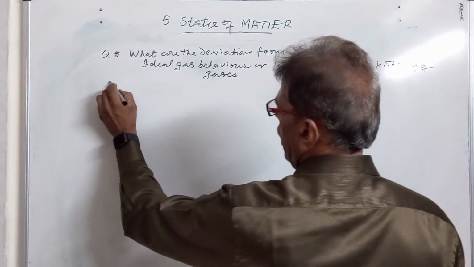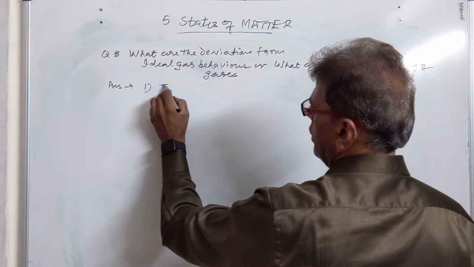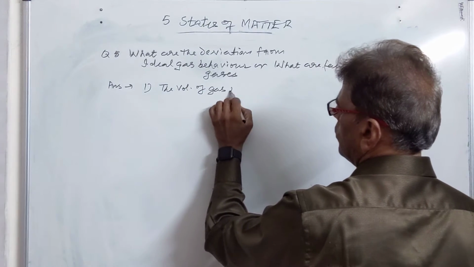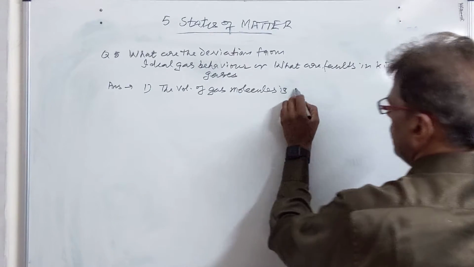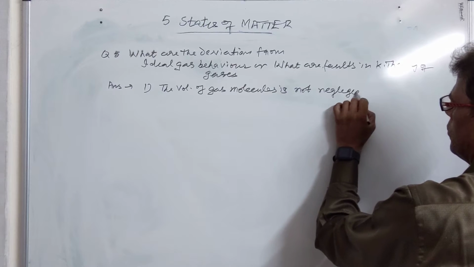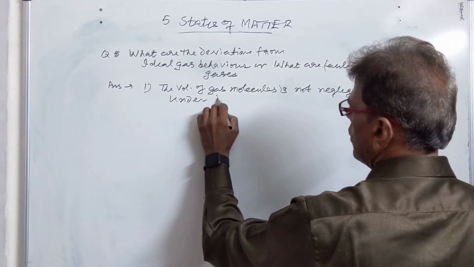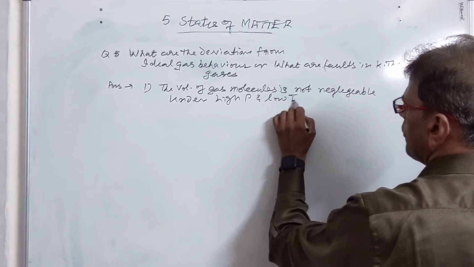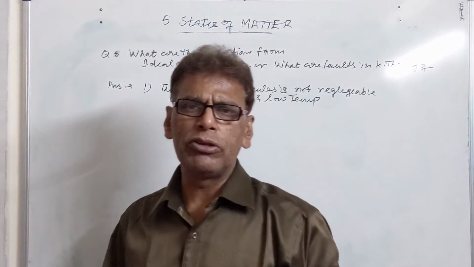There are two wrong postulates in the kinetic theory of gases. First, the volume of gas molecules is not negligible under high pressure and low temperature. Under high pressure, gas molecules come closer to each other.